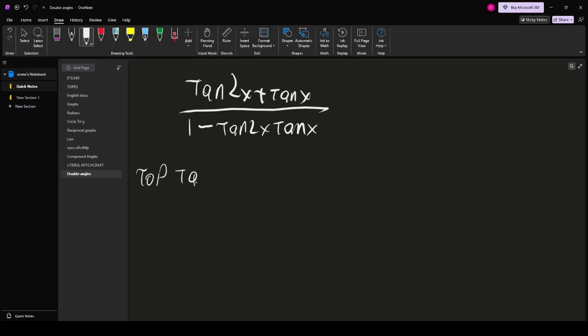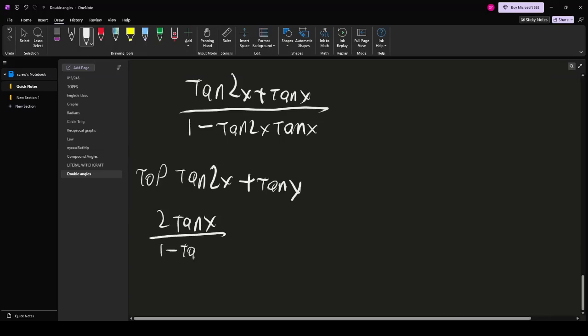So I'm just going to split it up into two parts, the top and bottom. So the top is tan 2x plus tan x. Tan 2x is 2 tan x over 1 minus tan squared x, add tan x.